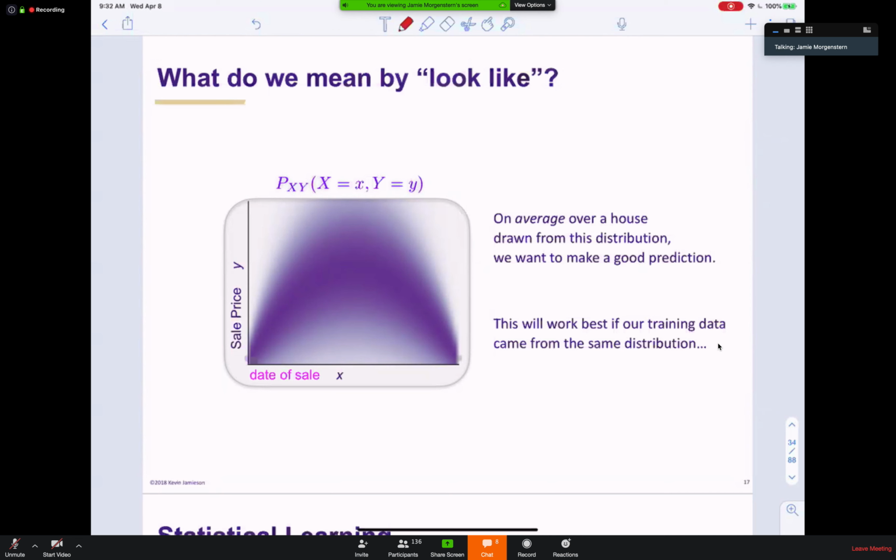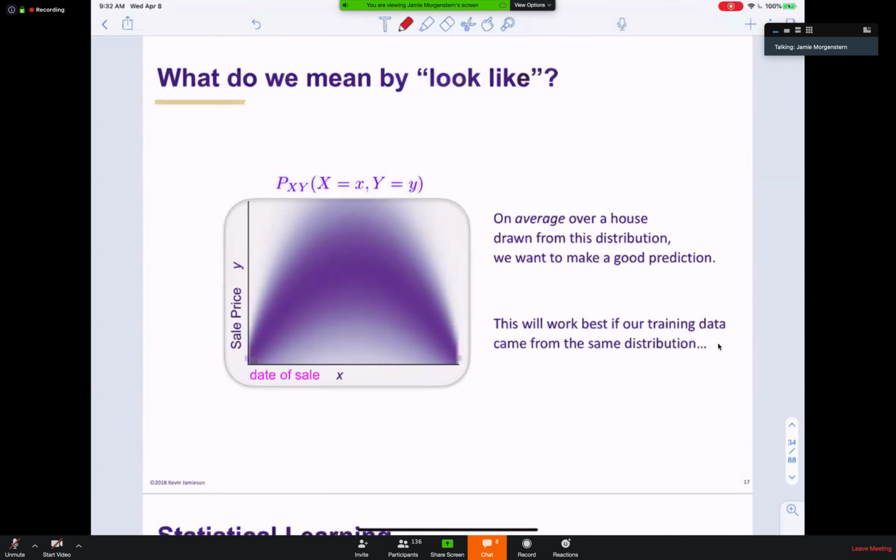And that's a fairly complicated distribution. This is intentionally looking like a point cloud rather than a finite set of points, because there may be many, many more houses than we'll ever actually see. So on average, when we think about a house drawn from this distribution, it will have some date of sale and some price it has sold for.